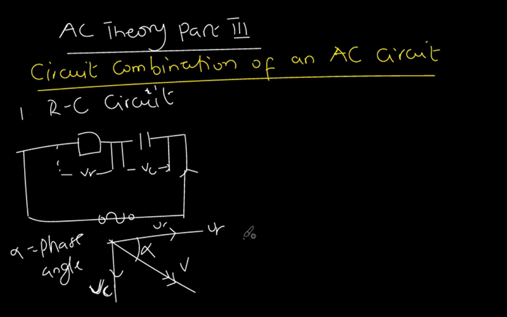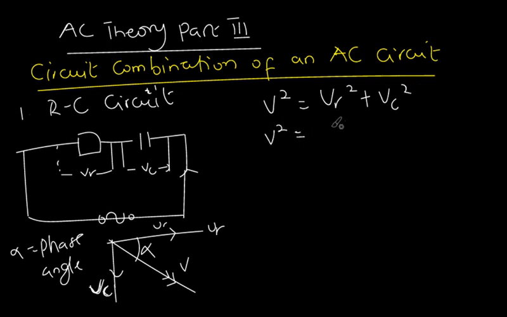Using Pythagoras theorem, we know the resultant square, which is V square, will be the sum of the squares of the two components we have over here. So we have VR square plus VC square.